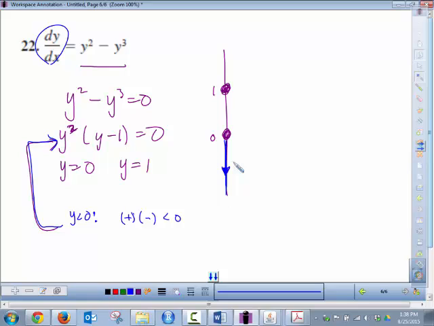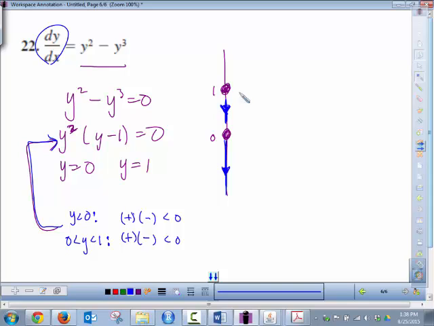All right. Now let's try to put in a number between 0 and 1. So a y value between 0 and 1 and see what we get. The y squared is still always going to be positive. And then if I put a positive number that's less than 1 here, this is still going to be negative, right? So it looks like between here, my graph will be decreasing.